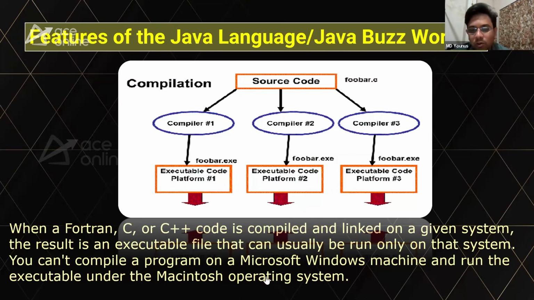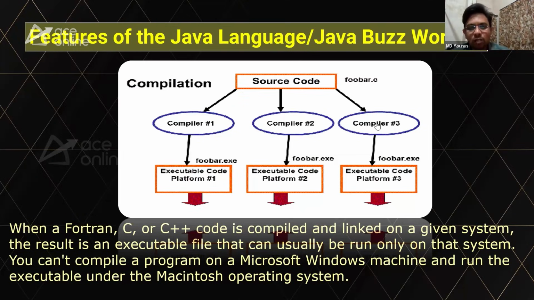You cannot compile a program on a Microsoft Windows machine and run the executable under the Mac operating system. As you can see, when you give this source code to a compiler, the compiler will generate the executable file for that particular platform. This makes C and C++ platform dependent languages.